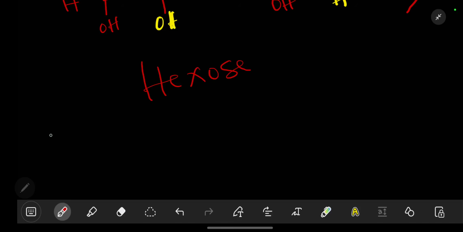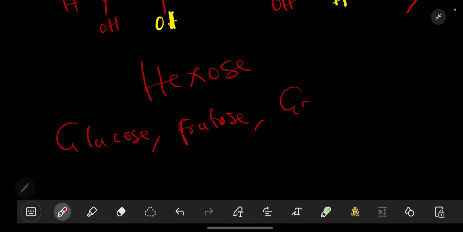Examples that we might have here for hexose is we might have glucose, we might have fructose, then we might also have galactose.